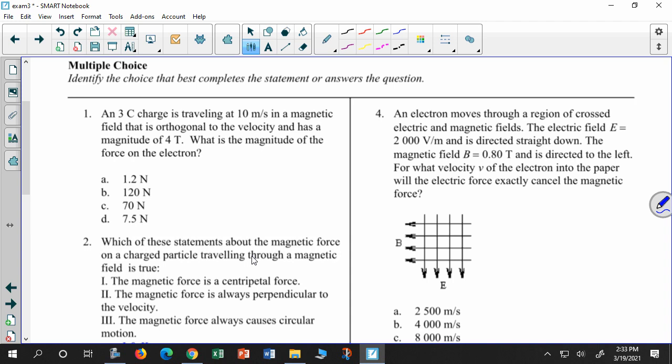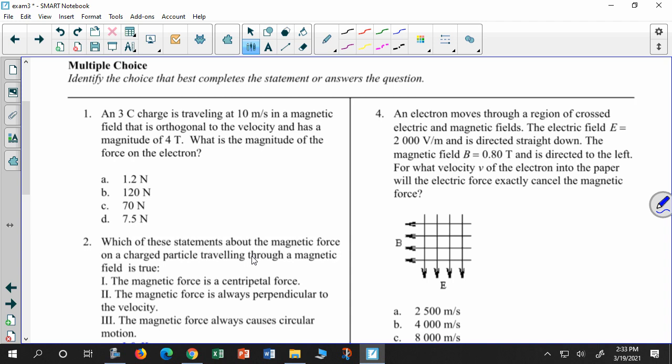Inkjet printers use this as well. They'll use crossed electric and magnetic fields to move a little drop of ink that's charged to a certain place on the page. We use this a lot in detectors too, because if you need to move a charged particle around, you'll use crossed electric and magnetic fields.